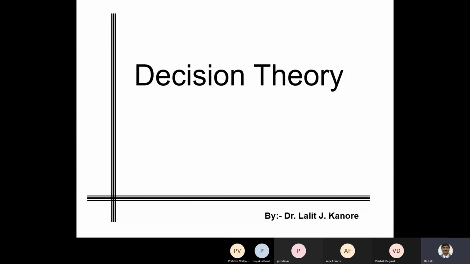So the consequences of a decision maker largely depend on the states of nature. Okay. So, before discussing various criteria to take a decision, first we'll define some terminologies related with the decision theory.